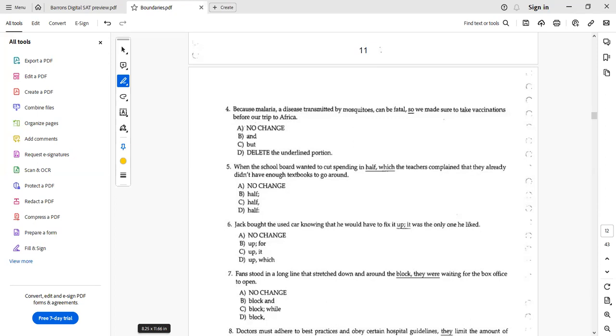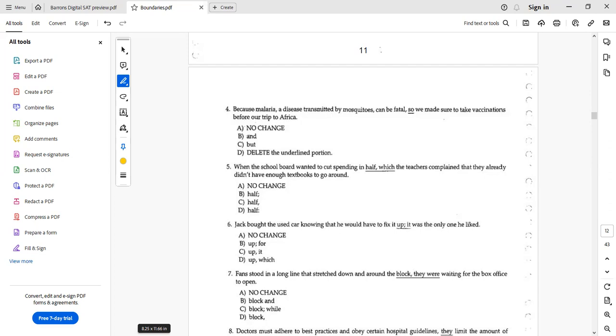Dunya, 4 wrong, 5 wrong, 6 right, 7 right. Okay.